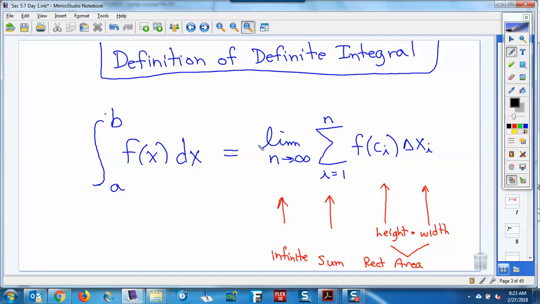Anyway, this is what it's made up of, and the sigma does the adding. This is rectangle height, this is rectangle width. We can kind of see how f of x and dx represent height and width in there, and we can think of the integral symbol as an adder, as an adding machine, and we will see that in the problems we do.